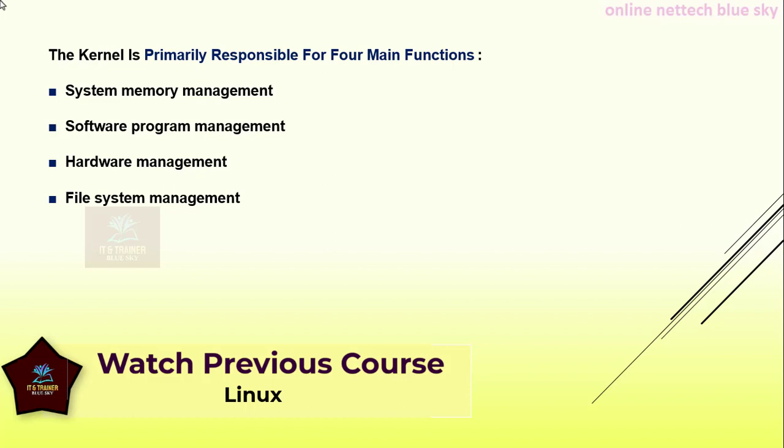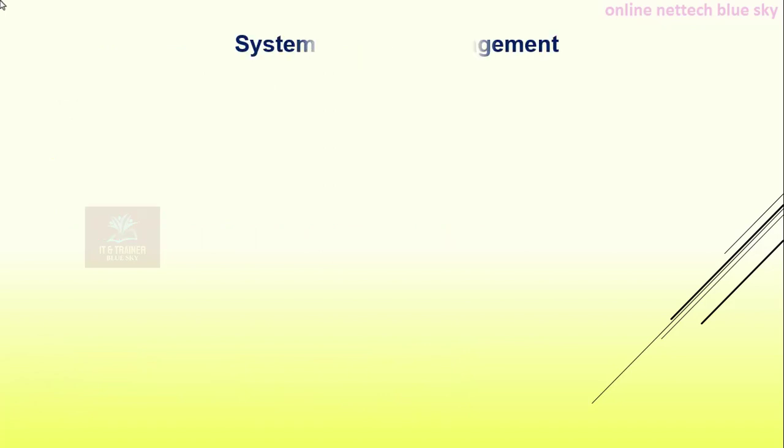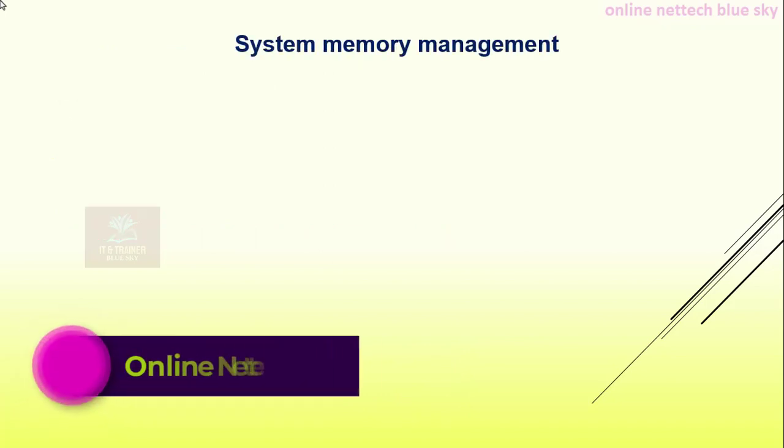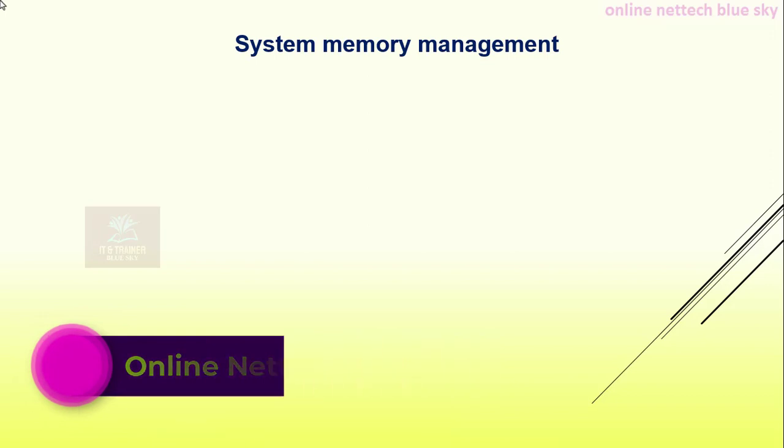In the following sections we explore these functions in more detail. I will show you system memory management in the next video. What is a system memory management system? I will discuss one by one the kernel's main parts, the main part of any computer and operating system.